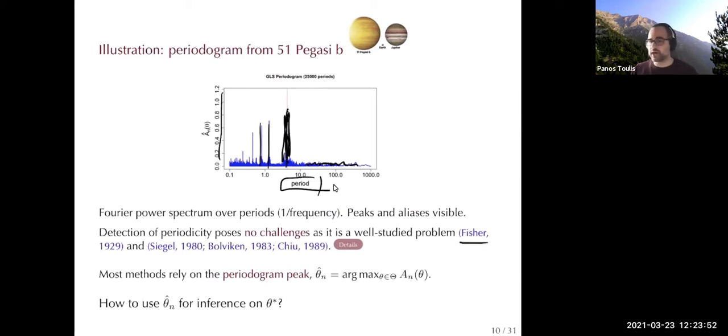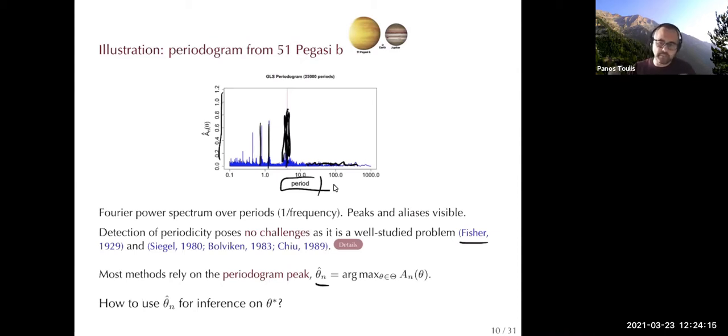The first who actually derived a test like that was, of course, Fisher, and it was later refined in terms of power by other researchers. Fisher used a different statistic: the periodogram peak divided by the average periodogram values, and he derived the exact distribution. It kind of looks like a gamma, but it isn't exactly a gamma.